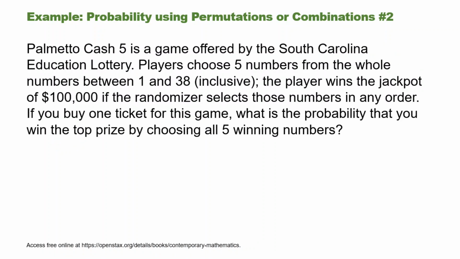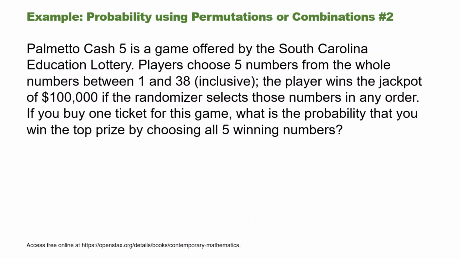All right, next example. Probability using permutations or combinations number 2. Palmetto Cash 5 is a game offered by the South Carolina Education Lottery. Players choose 5 numbers from the whole numbers between 1 and 38 inclusive. The player wins the jackpot of $100,000 if the randomizer selects those numbers in any order.